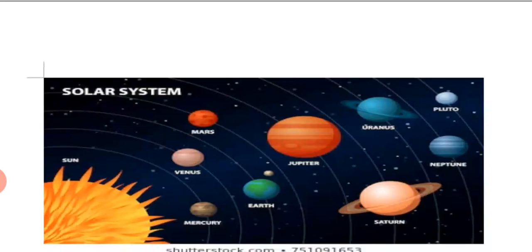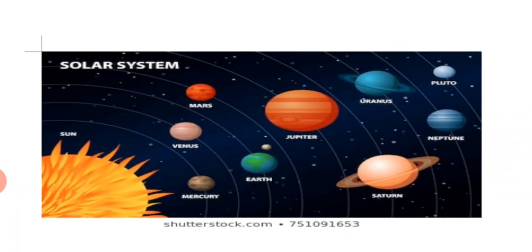If you look at the picture here, this is the sun, and it is Mercury that is closest to it, followed by Venus, Earth, Mars, Jupiter, Saturn, Uranus, Neptune, and Pluto. As you can see, Pluto is the farthest.